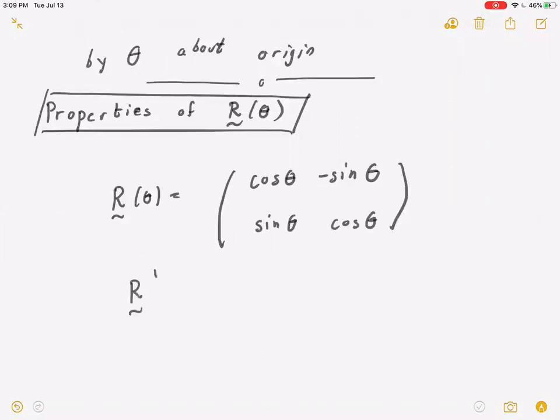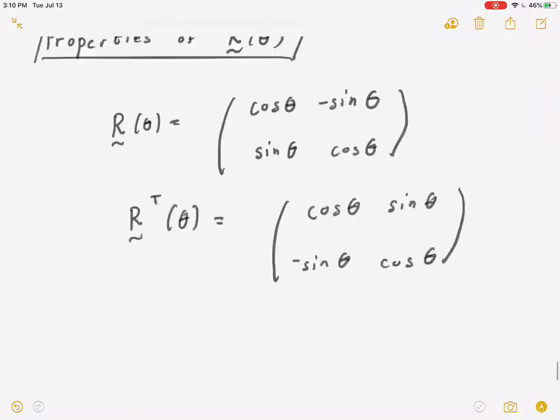So one of the things we could do is take its transpose. That's easy. We just interchange the 1,2 matrix element with the 2,1 matrix element. And now this is something that you will get that's fascinating.